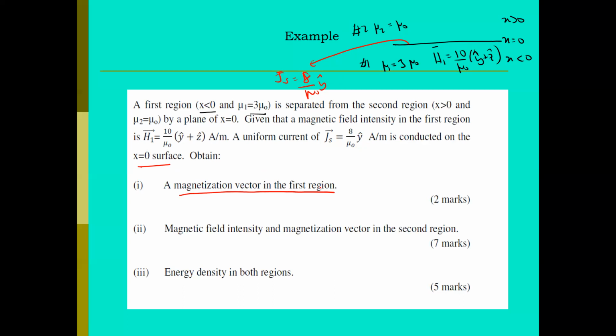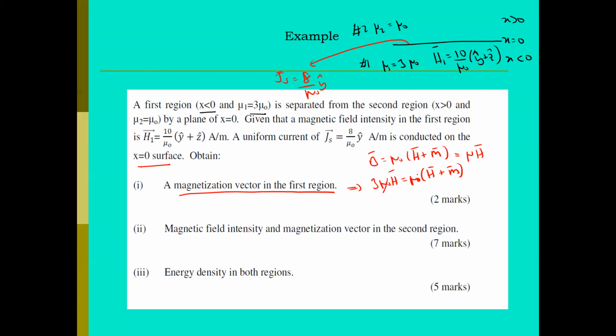For the first region, down here, I think it should be straightforward, because we know that B equals mu naught of (H plus M), which is also equal to mu H. Since we know that mu is 3 mu naught, that gives us 3 mu naught H equals mu naught (H plus M).